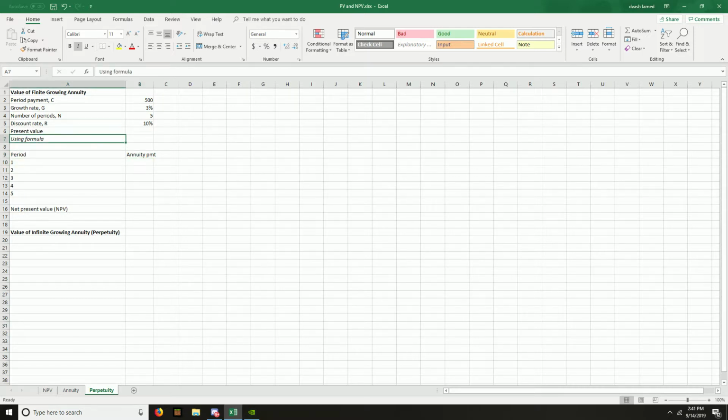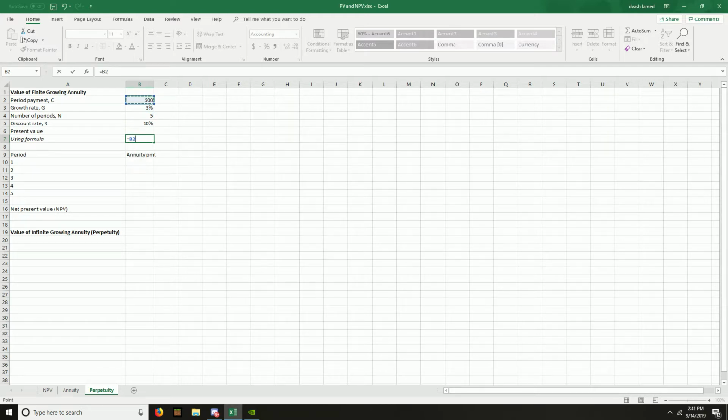So the formula here is our payment, once again, multiplied by 1 minus, and then here we'll double bracket, 1 plus our growth rate, divided by 1 plus our discount rate or the interest rate.